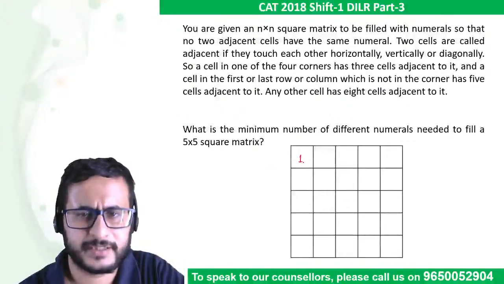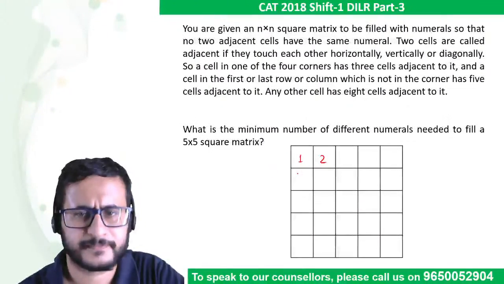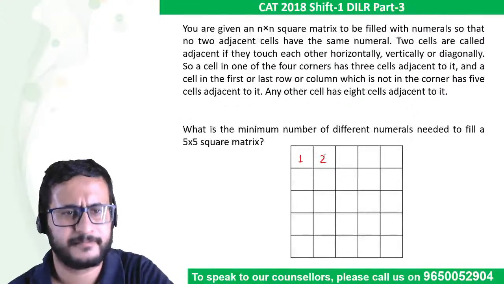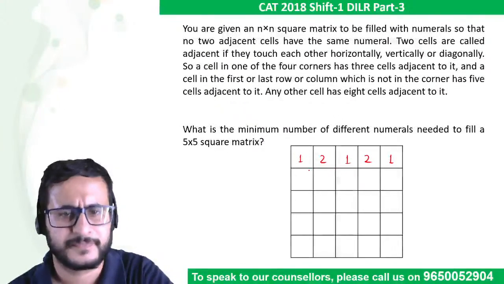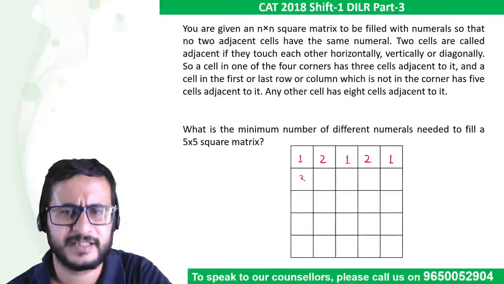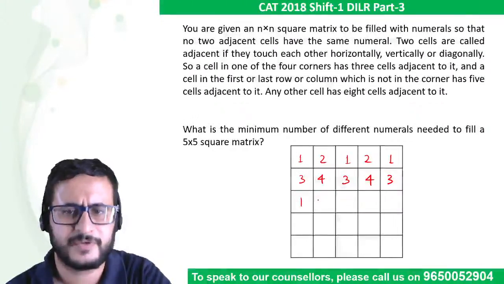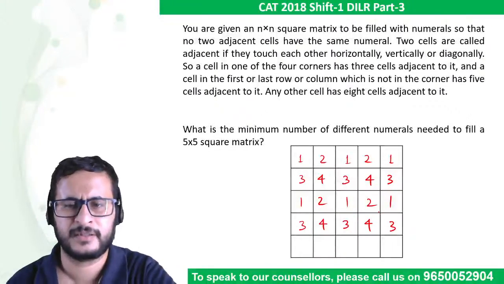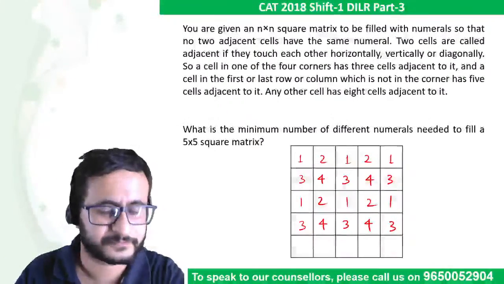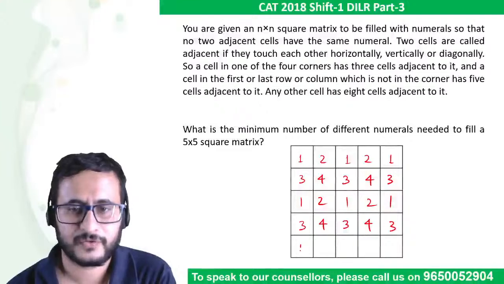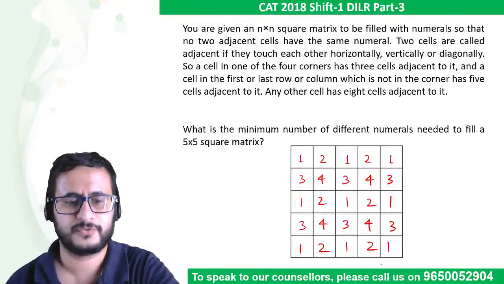So I can put 1 here, I can put 2 here, so I can have 1, 2, 1, 2, 1, then 3, 4, 3, 4, 3, and again 1, 2, 1, 2, 1, then 3, 4, 3, 4, 3, and again 1, 2, 1, 2, 1.